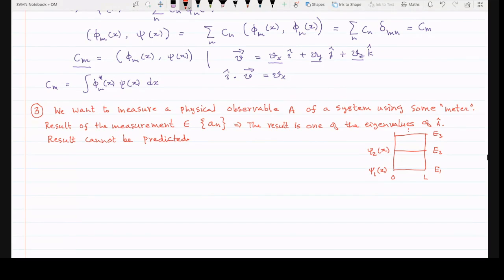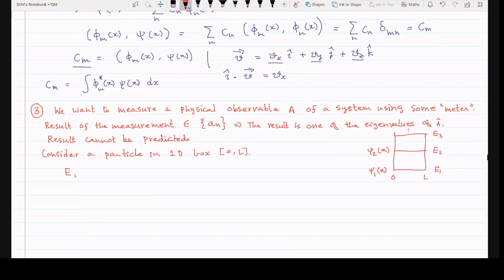So let us say that consider a particle in one-dimensional box, let's say 0 to L. Then this problem is something which you have done. So I'm just borrowing your knowledge.